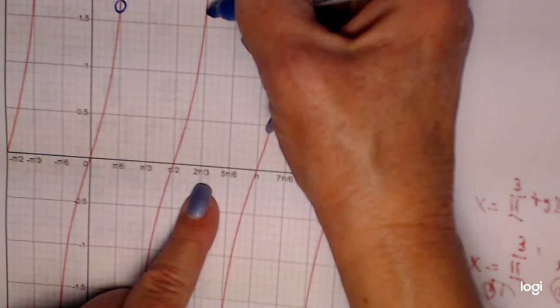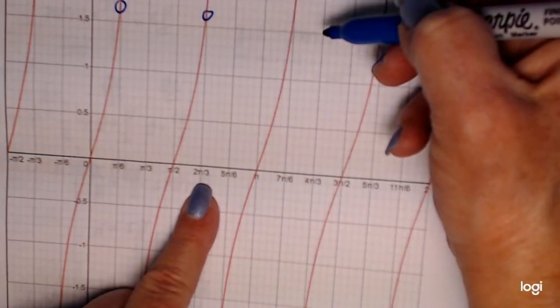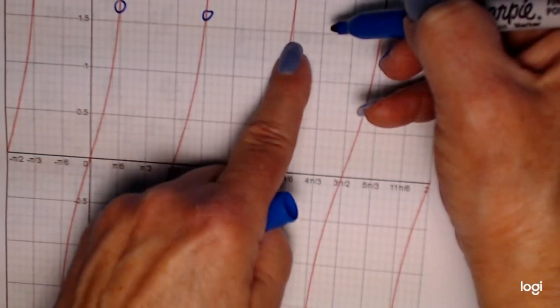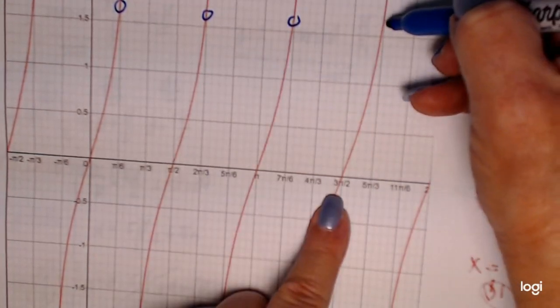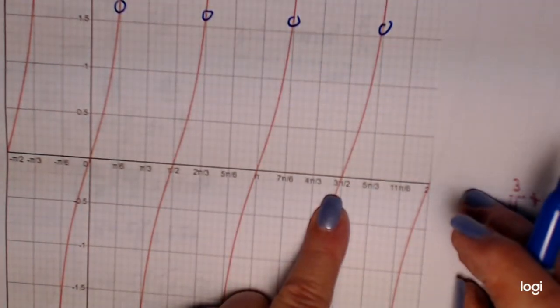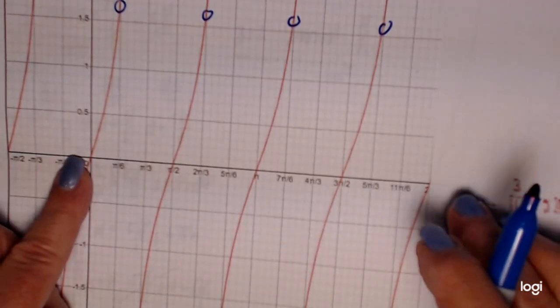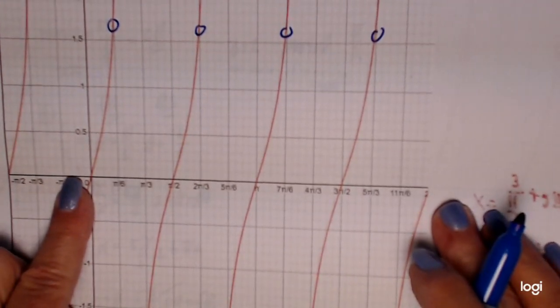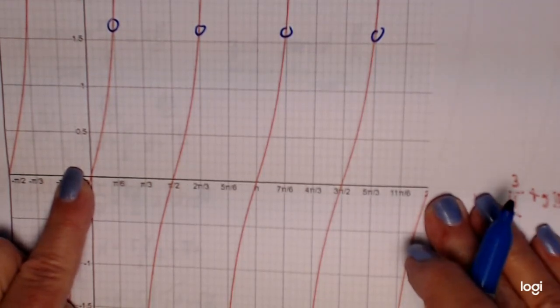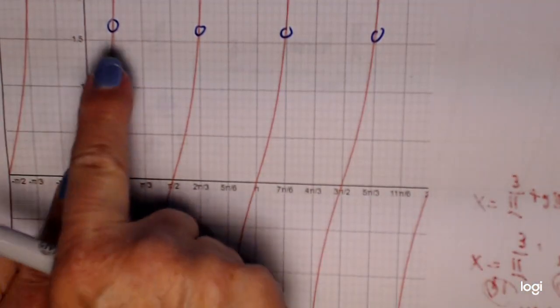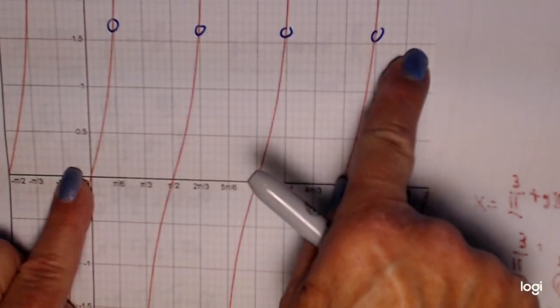It's a little bit more than 1.5, and then we have one over here, and then we have one over here. So between our 0 and 2 pi, which is what we've been instructed to look at, all the answers between 0 and 2 pi, in this example, we can see we should end up with 1, 2, 3, 4 answers.